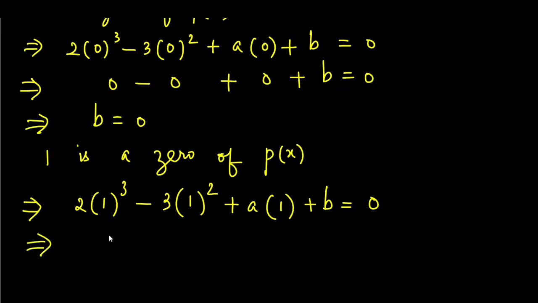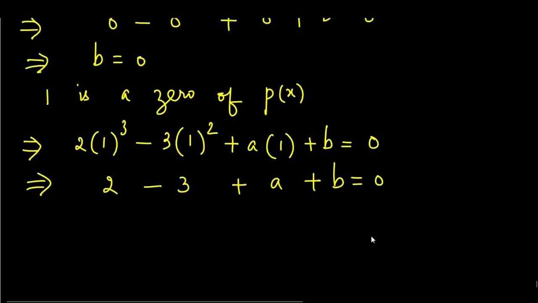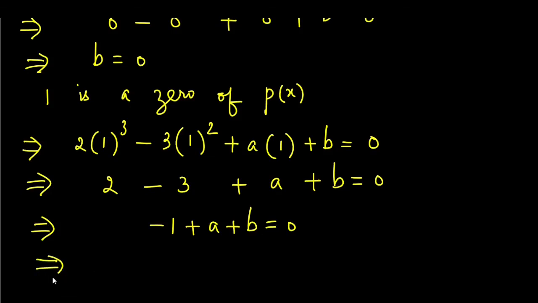So this implies 2 into 1 cubed. 1 cubed is 1. So this is 2. Minus 3 into 1 square. 1 square is 1. So minus 3 into 1 is minus 3. Here a into 1 is a plus b. This is equal to 0. This implies minus 1 plus a plus b is equal to 0. This implies a plus b is equal to 1.